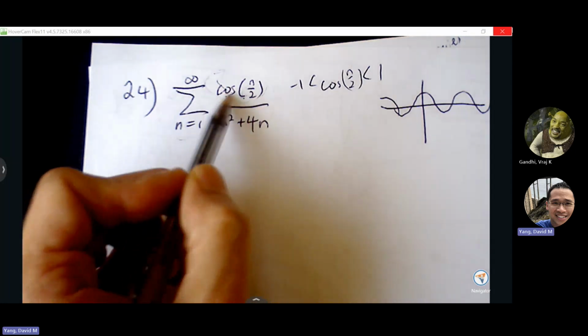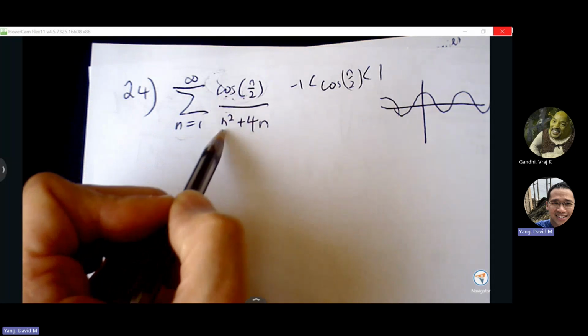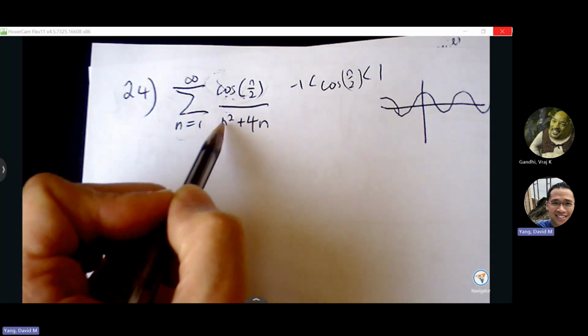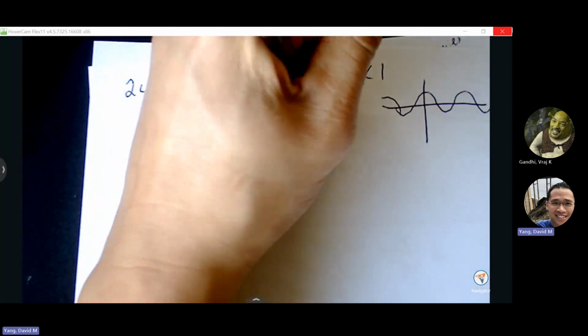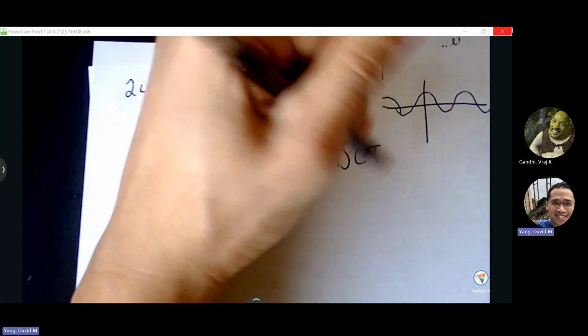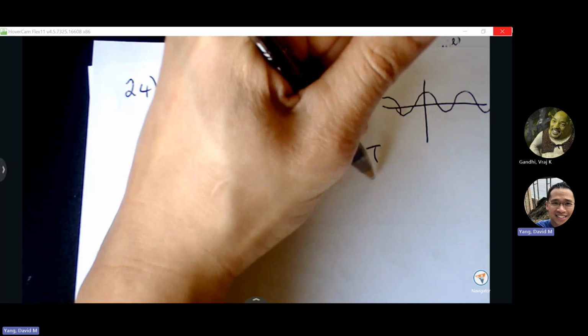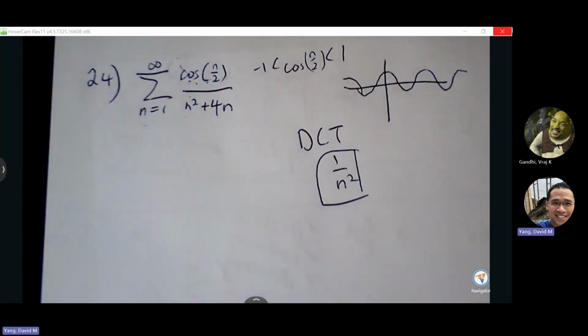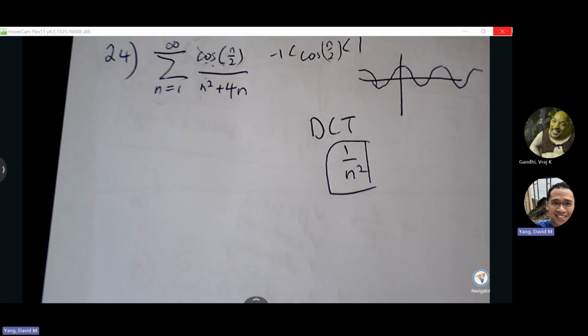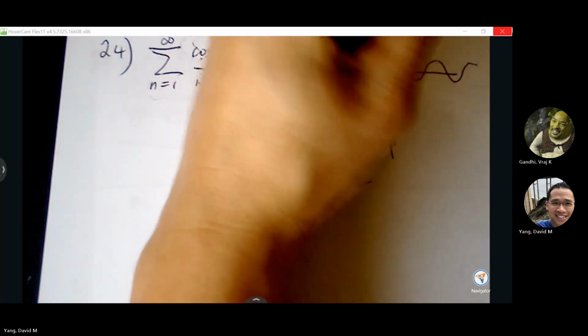The parent function on top is really just a 1, and in my denominator, my highest degree is n squared. That 4n is really irrelevant. So what if I do the direct comparison test with my comparison partner being 1 over n squared? We know that 1 over n squared is a converging p series.